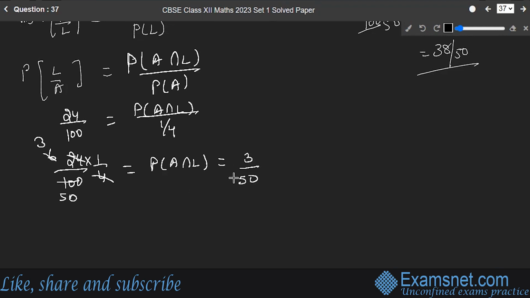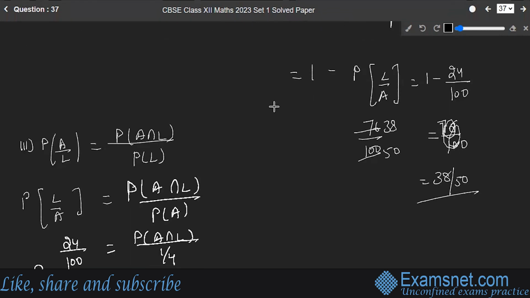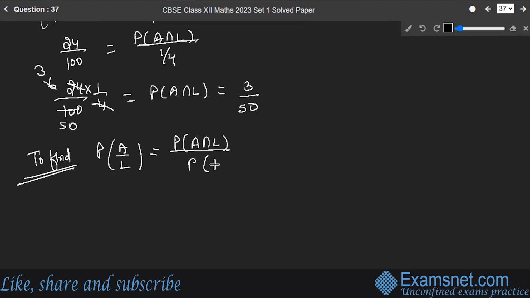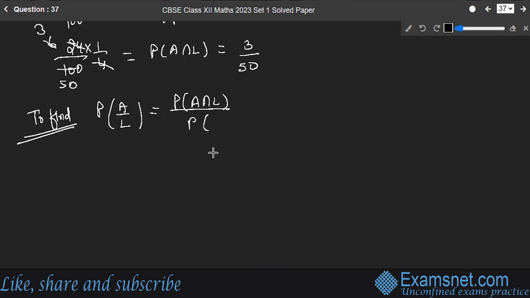Right? Now you had to find out P(A|L). Let's move to this. Basically, we had to find out P(A|L), which was given by P(A intersection L) upon P(L). That is 3 upon 50, and P(L) was equal to 12 upon 100 because P(L), the probability of left-handed people, was this.